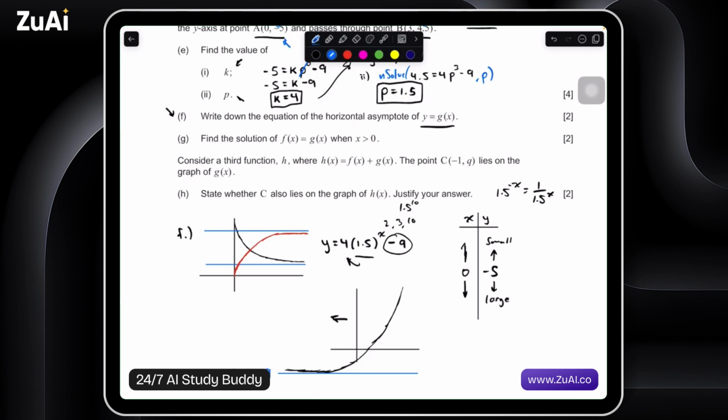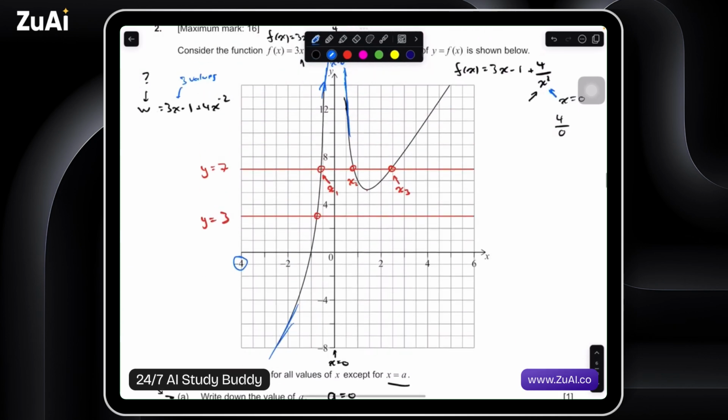So write down the equation. The equation means we're asked for an equal sign. The equation of the horizontal asymptote. In this case, it's going to be this horizontal line. Remember, our horizontal lines are always in terms of y, right? So this would be like y is equal to 4. Above here, we had this value of y is equal to 7. These are our horizontal lines, right?